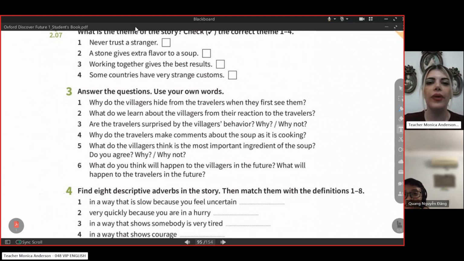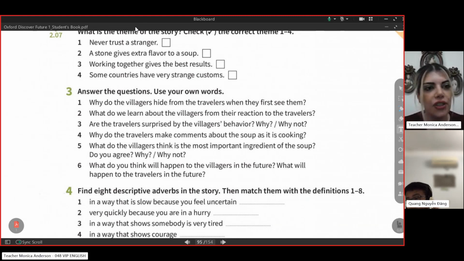Of course, we learn about their character and personality, if they are a little shy, or maybe more careful about everything. And actually, it was really hard for them to trust at the first step.